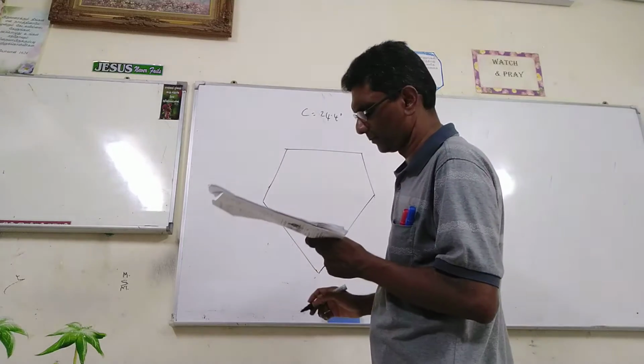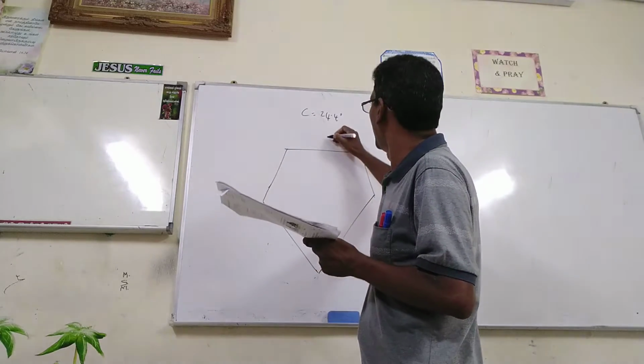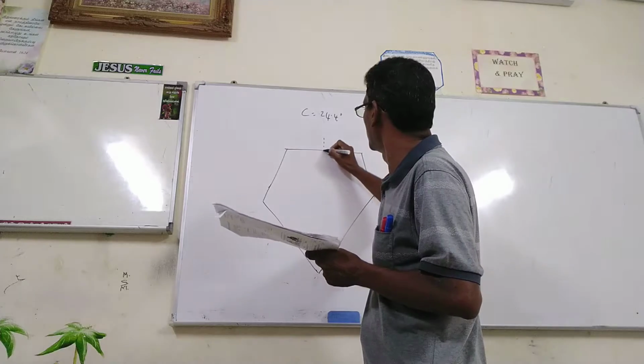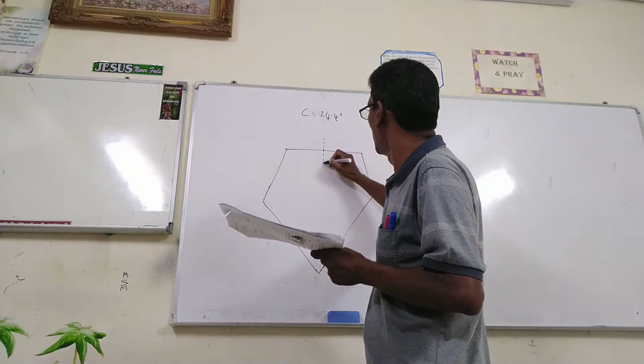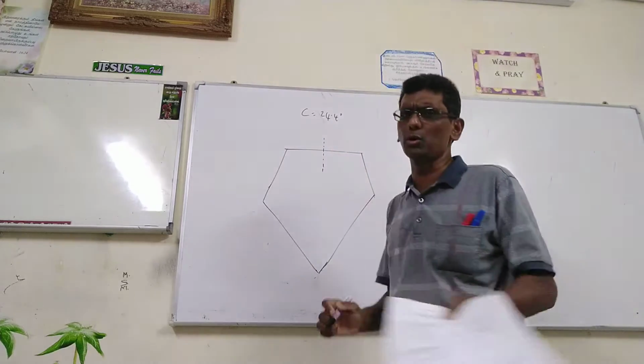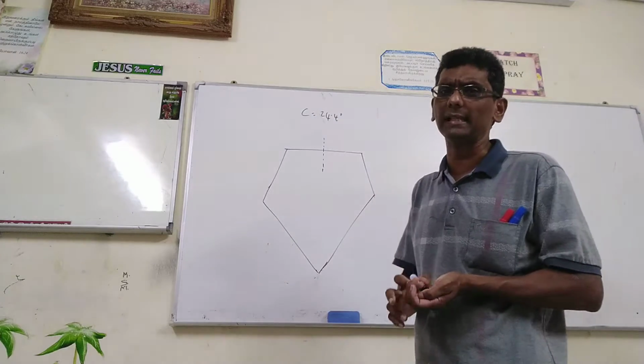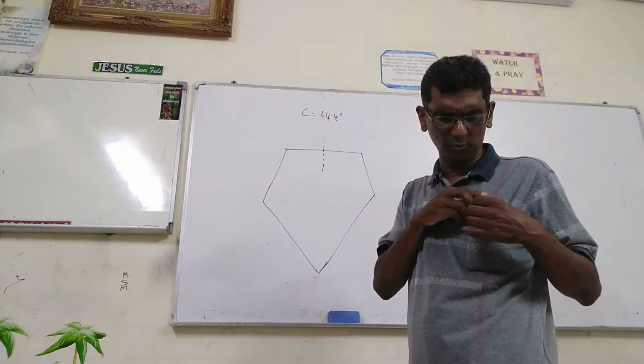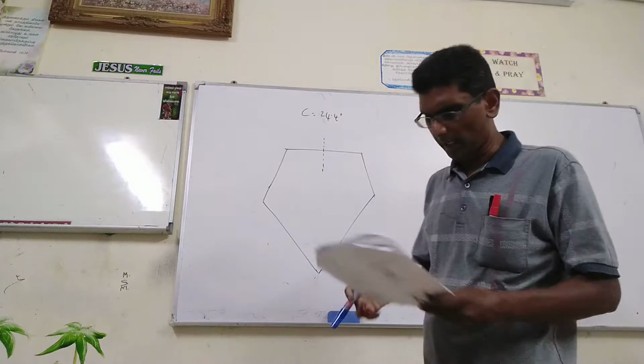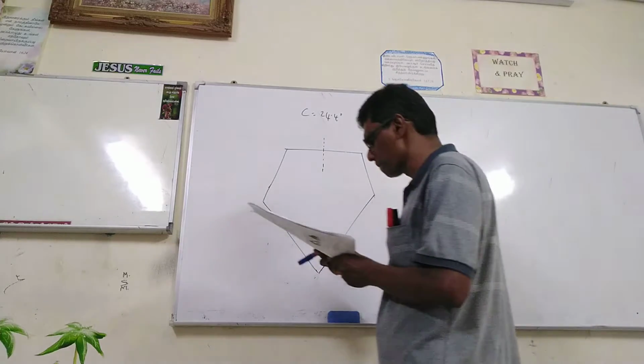Okay, the diamond is like this, and this is the normal line. Any light ray you want to draw, you must draw with a normal line.